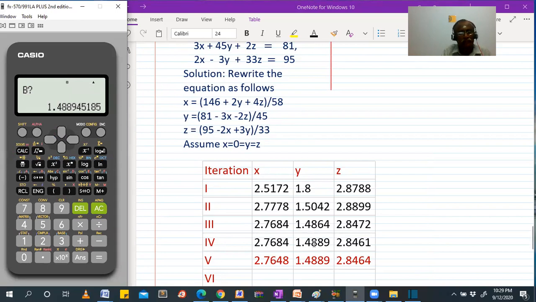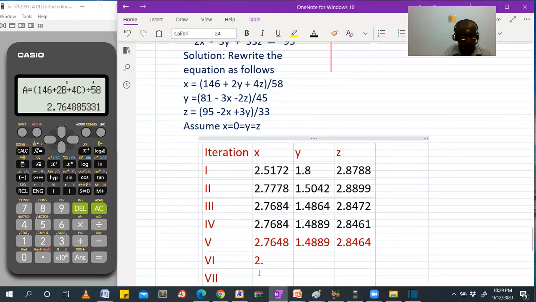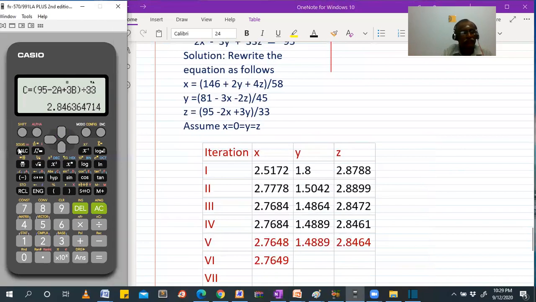Calc b is 1.4889, c is 2.8464. It is also okay. So it is 2.7649. Here calculate y. Calc a equal to 2.7648, z is 2.8464. It is okay.